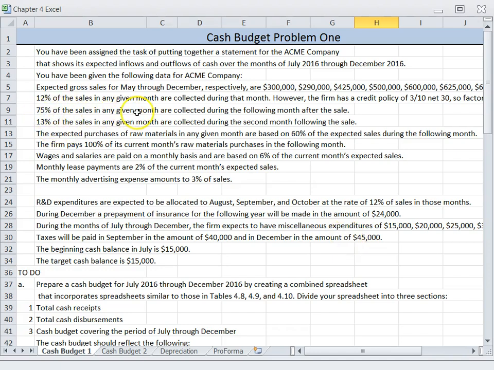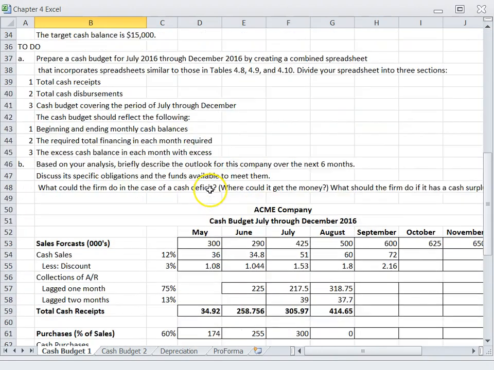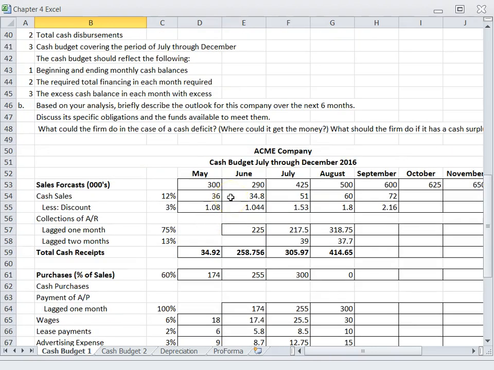Okay, 75% of the sales in any given month are collected during the following month after the sale. So what this is saying is that there's a 1 month lag. So here's the 75%. There's a 1 month lag. So in the month of May, this 300,000, I'm going to collect cash on that, and that's it. So there's still $200,000+ uncollected. Well, 75% of this total is going to be paid a month later.